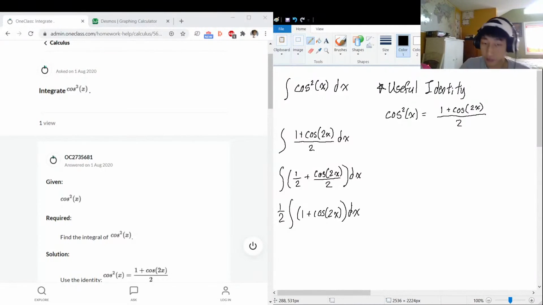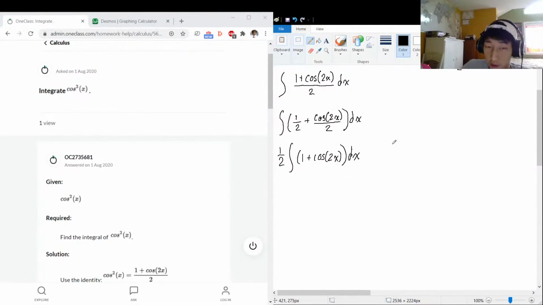dx. Okay, cool. We know that a nice rule with integrals is that if you are taking the integral of something added with another thing, that is really the same as taking the integral of them individually and then adding them together.